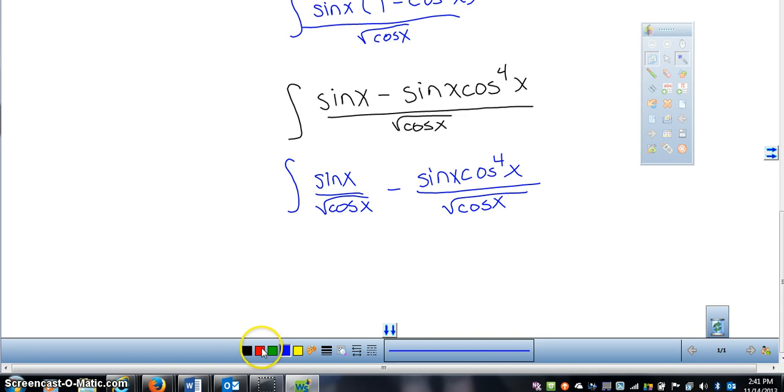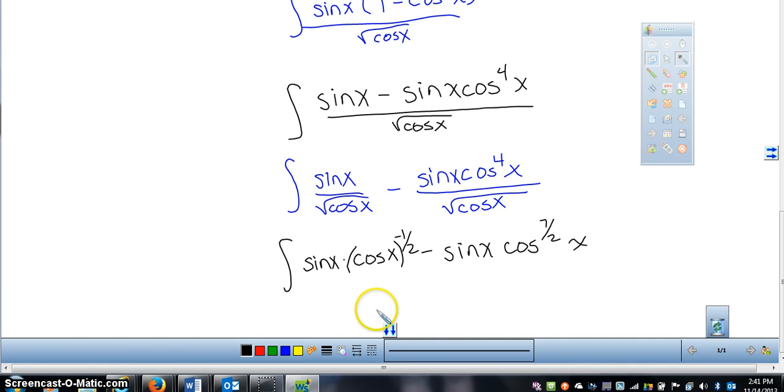Do one more little algebra trick. Maybe just rewrite this as sine of x times cosine of x to the negative 1/2. That's really what that is. Minus sine of x, and that would be, let's see, 8, so times cosine to the 7/2 of x, because I have 4 here, which would be 8/2 minus a half.